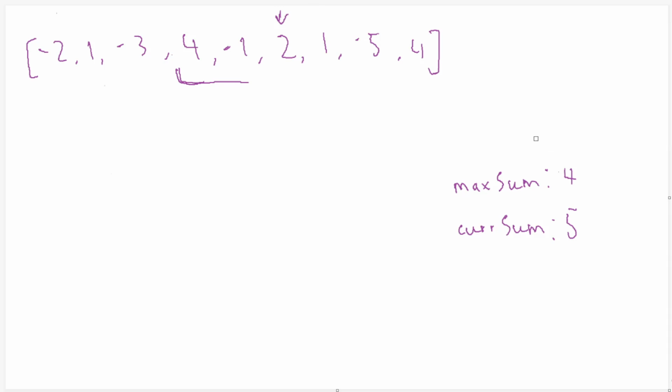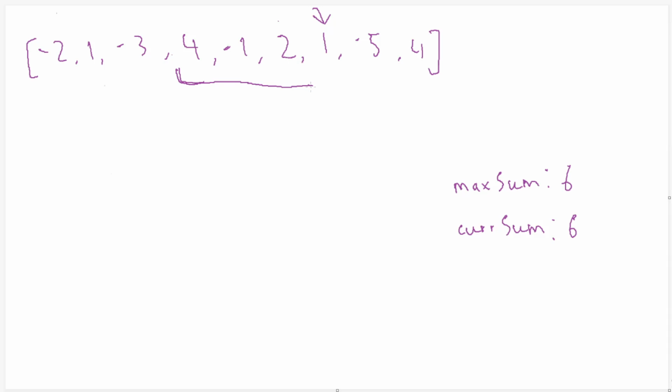So then we update max, and we move this along. Then we move the pointer to 1, which is even greater. We add it to our current sum, and we see that max sum will also have to be updated.